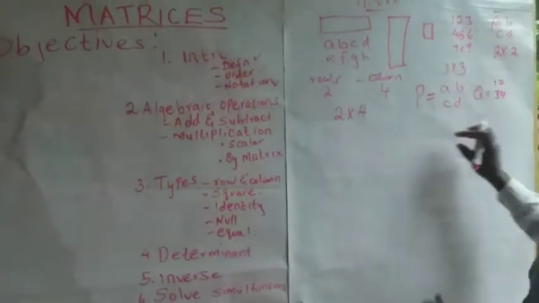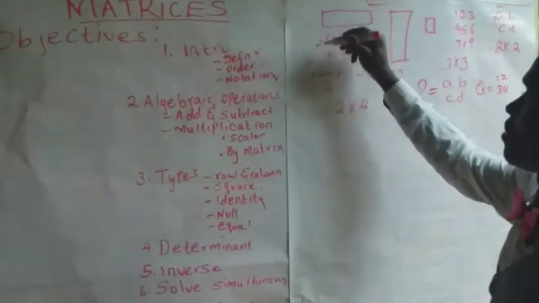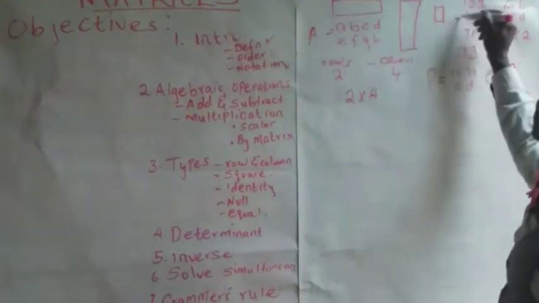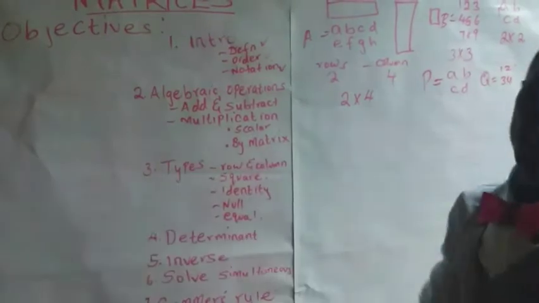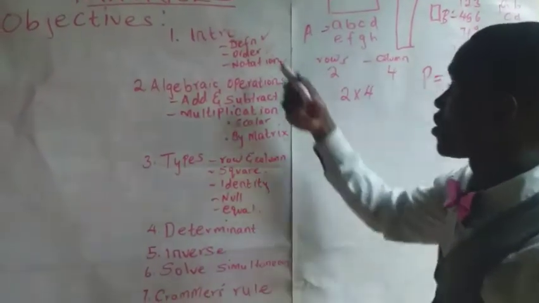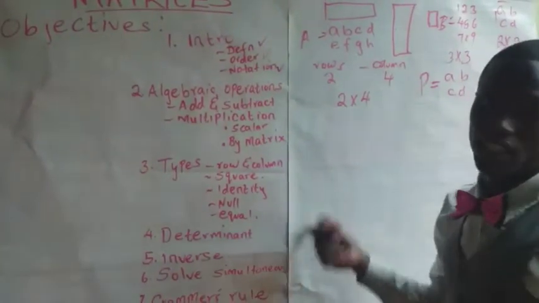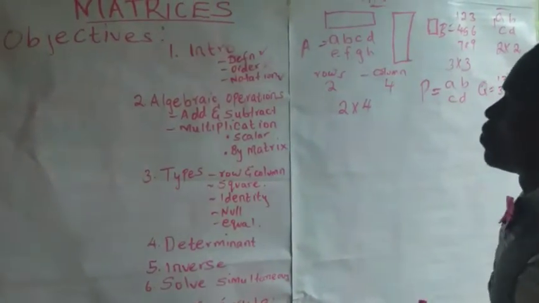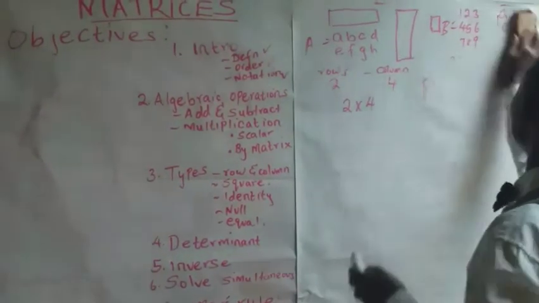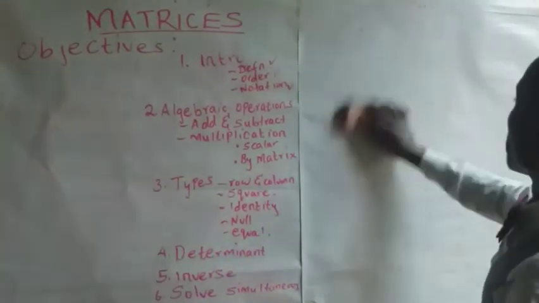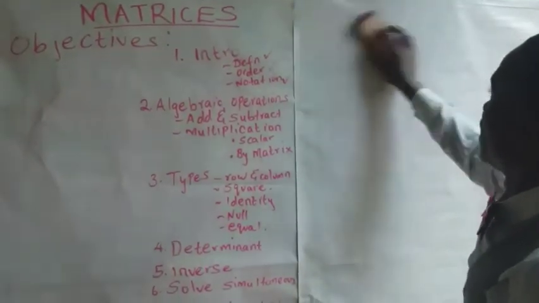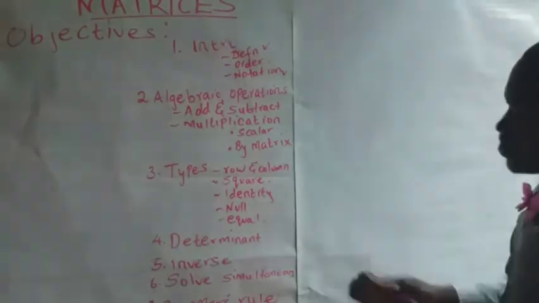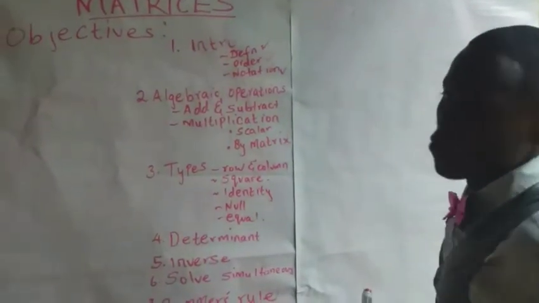Any arrangement of matrix, we can give this a name, we can give it A, we can give this B. A matrix is just denoted. So the notation of a matrix is how it is denoted, and it's denoted by a capital letter. So let's move on to the objective number 2. I told you I don't want to tire you with a lot of information on matrices because I want you to get precisely what is most important.